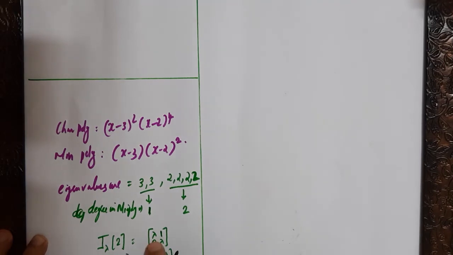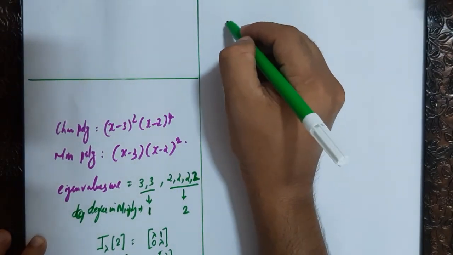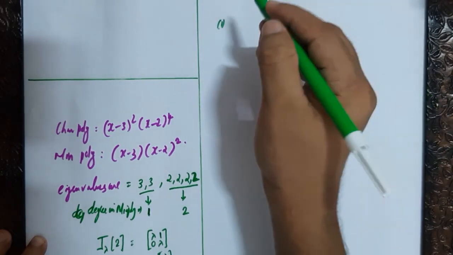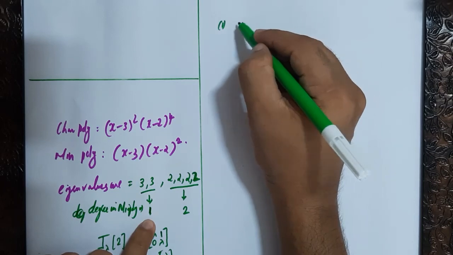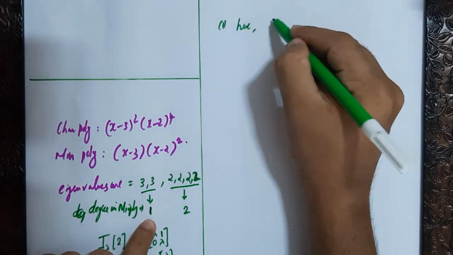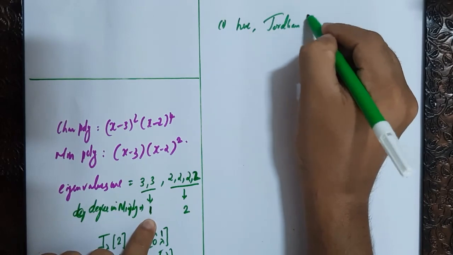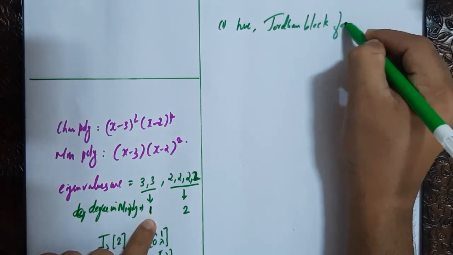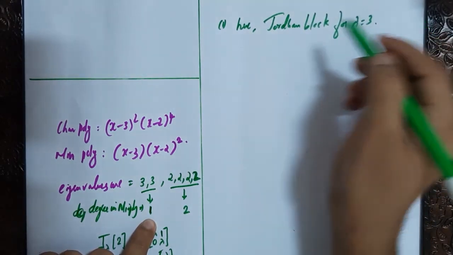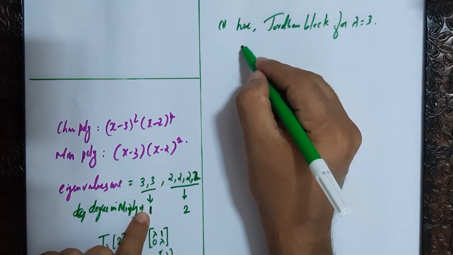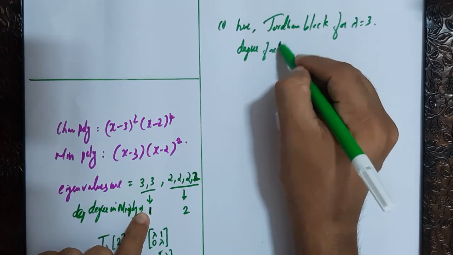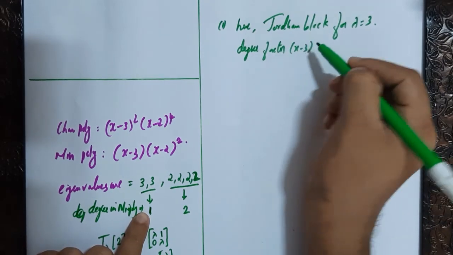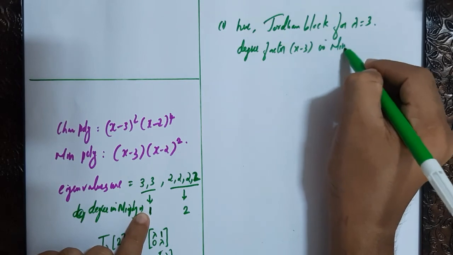Now how to get the dimension of the Jordan block? So the first condition is there must be a Jordan block for lambda equal to 3. Now what is the degree of the factor x minus 3 in the minimal polynomial?